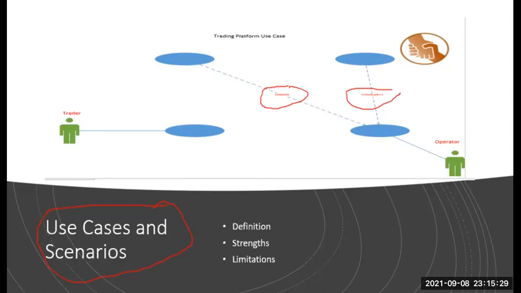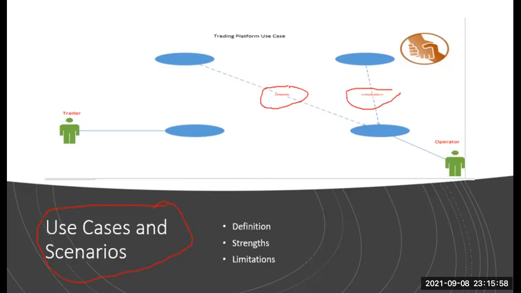Whereas when you allow the use case to make use of the functionality present in another use case, then you use includes. This is a very important interview question as well. If somebody is asking you about use cases, they will ask what is the difference between extends and includes. If you're confused, I can explain one more time.